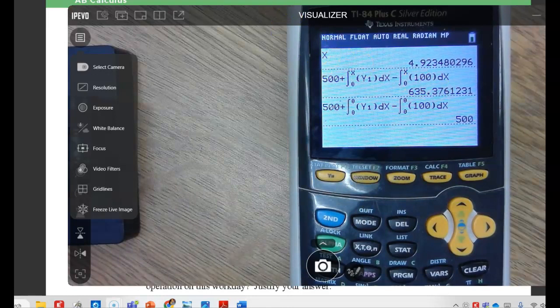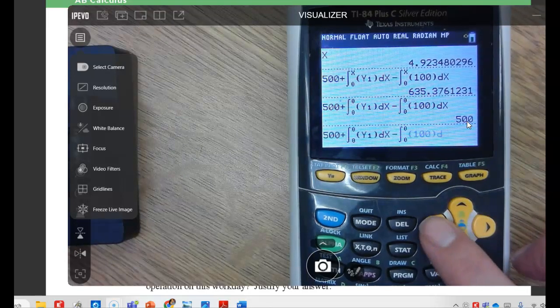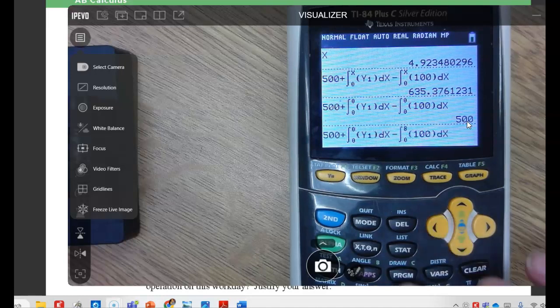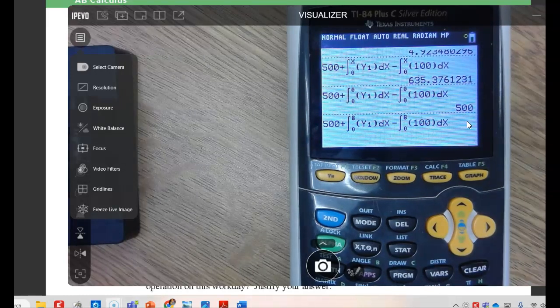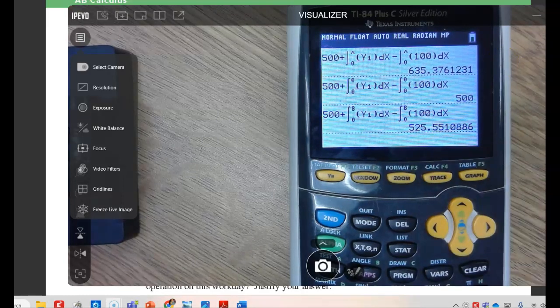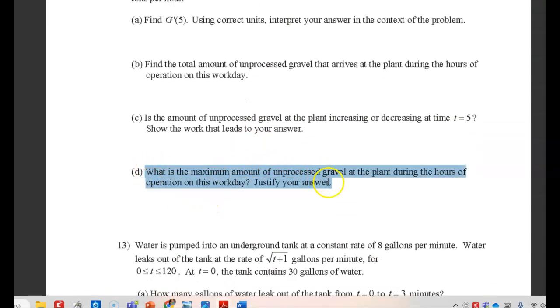You just get the initial. So that makes 0, 500. Then we're going to go up and do it one more time, but instead of 0, we're now going to go to hour 8 when they close. And we get 525.